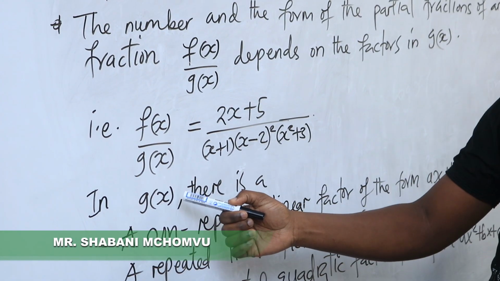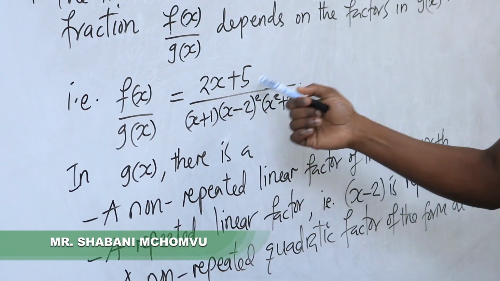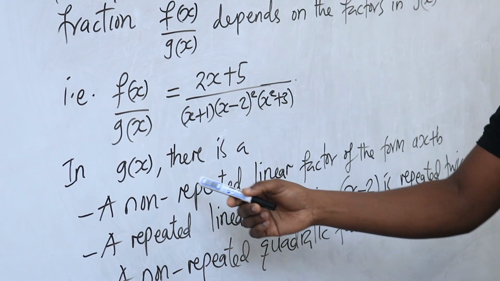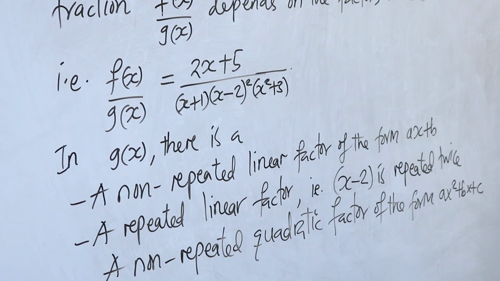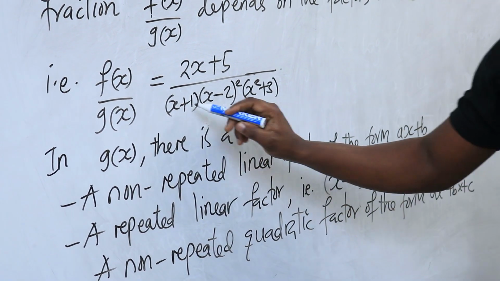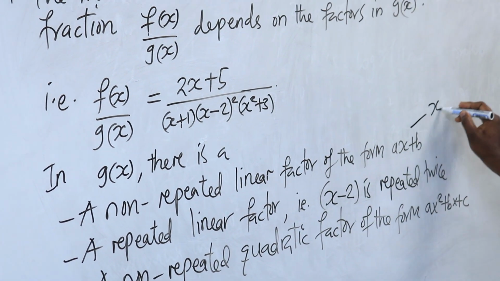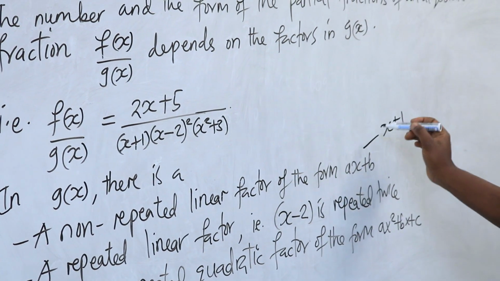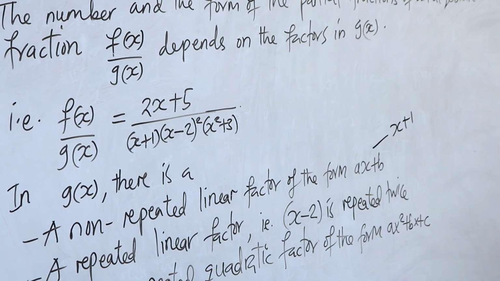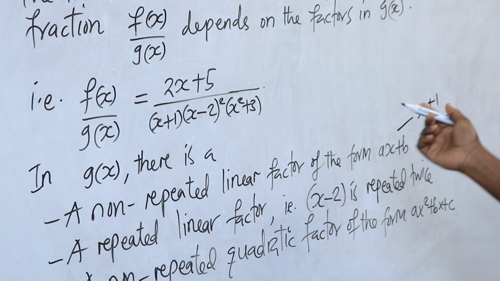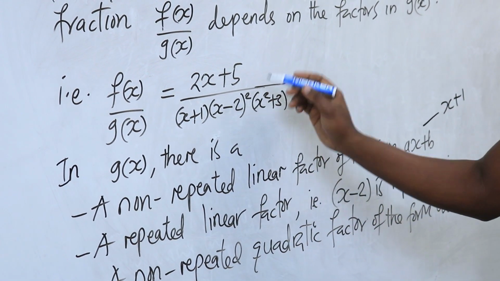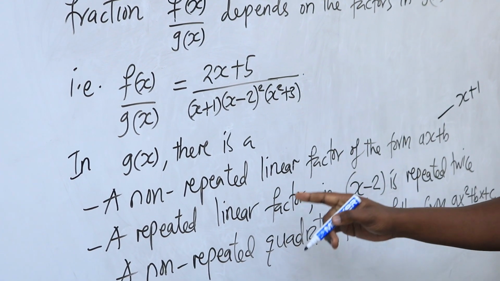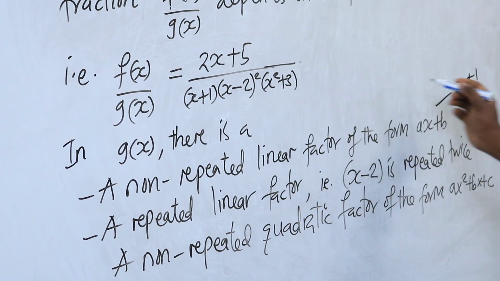Now, in the g of x, as you can see here, there is a non-repeated linear factor of the form ax plus b. This one here, x plus 1, has the form of a linear expression. But also (x minus 2) squared is a repeated linear factor.